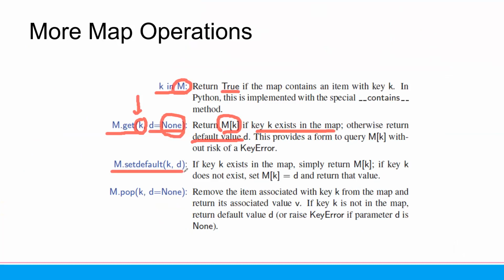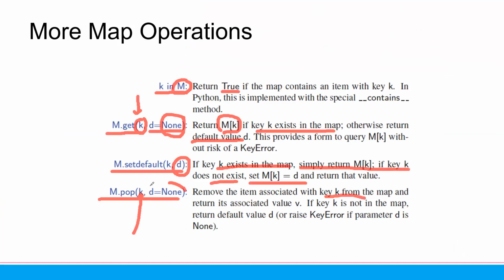I can set the default value for any k. So if k exists in the map, then just simply return m[k]. But if k does not exist, then let's set m[k] as d. And then you can use pop. It means you want to remove the item k if it exists in the map.